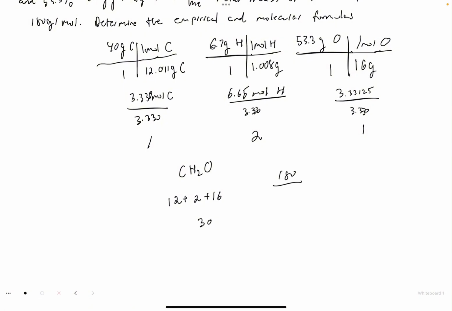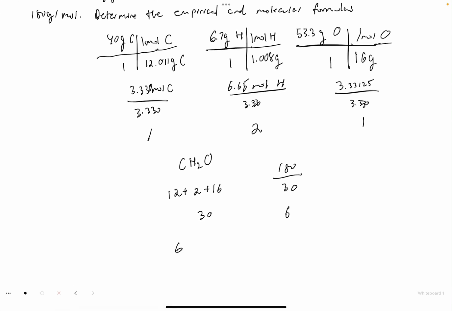So 180 divided by 30 would be 6. So multiply 6 through the empirical. C6H12O6.